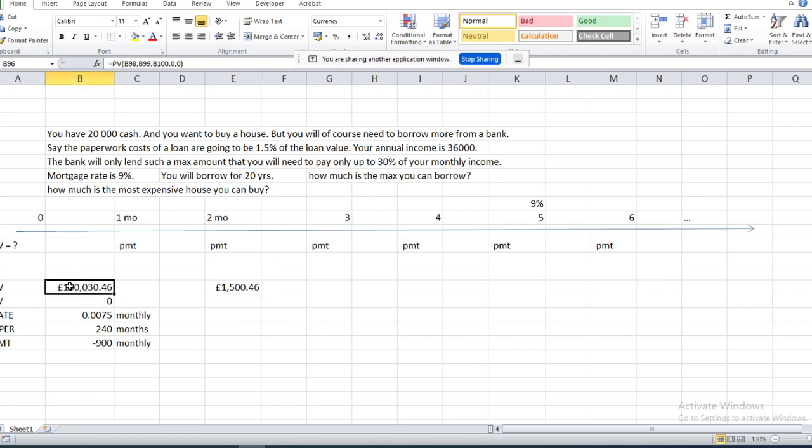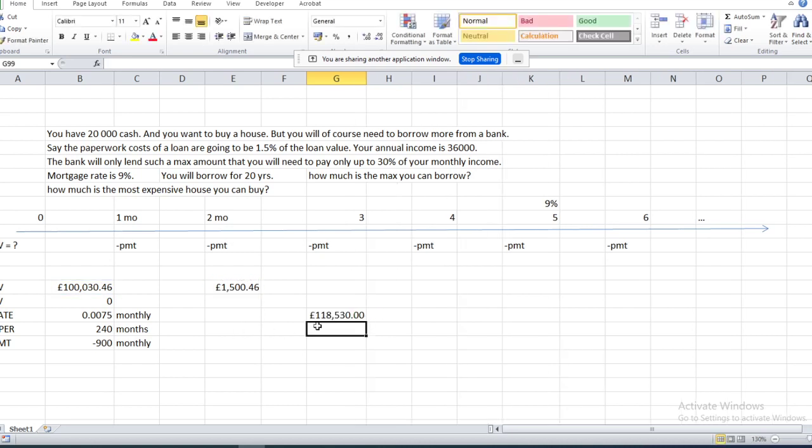So this is the amount of money I can get from the bank. I have another 20,000 in cash, but out of that 20,000, I'm going to pay more than 1,500 as costs. So the total amount, the most expensive house that I can buy, is the amount I get from the bank plus my original cash of 20,000 minus the paperwork costs.